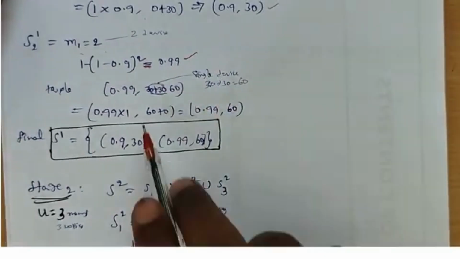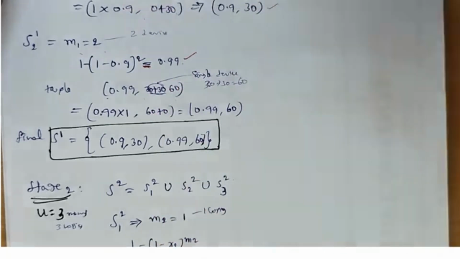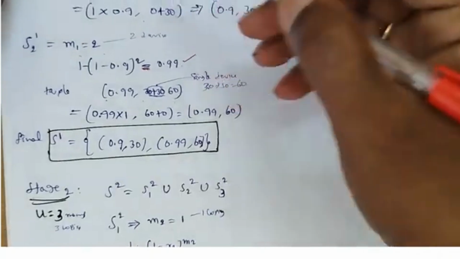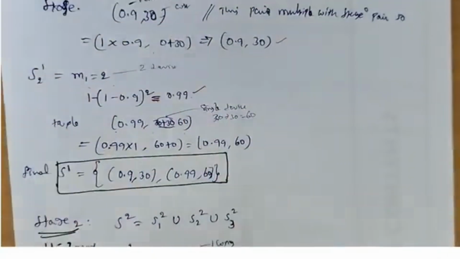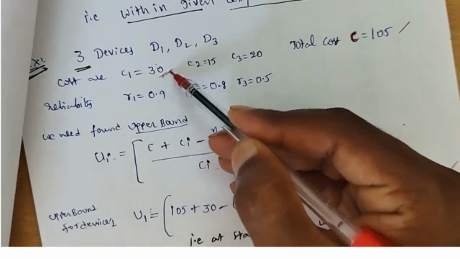Here what is the tuple? The tuple is 0.99 comma C value. Previously with one device, the cost of the device is 30.